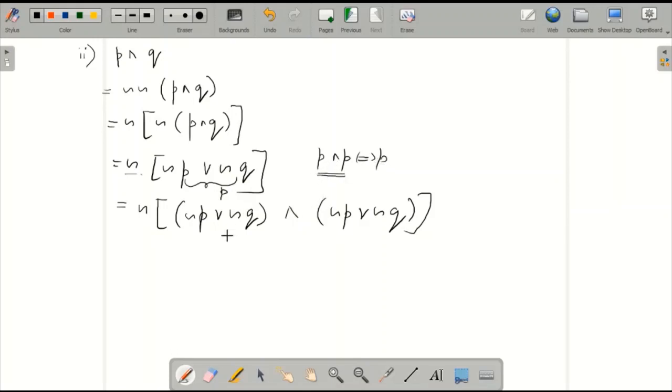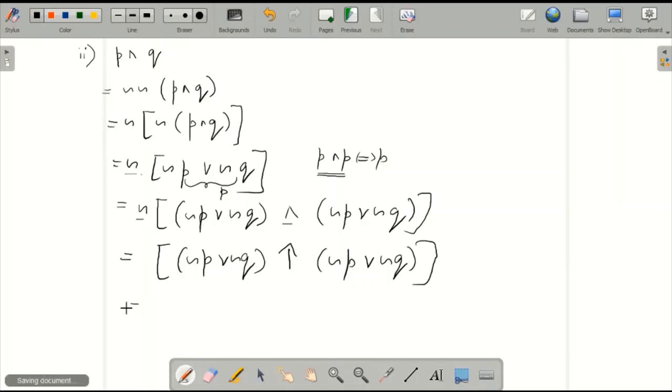Now I brought double terms, P and P. Now I'll connect this and this, which is NAND. So I solve negation P or negation of Q, this is nothing but NAND, and then again I wrote negation P or negation of Q.